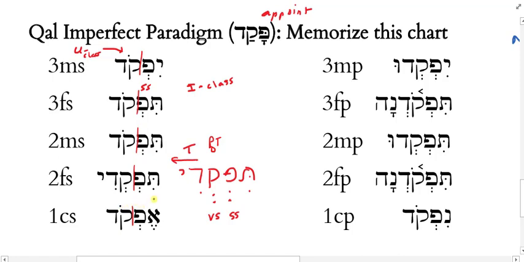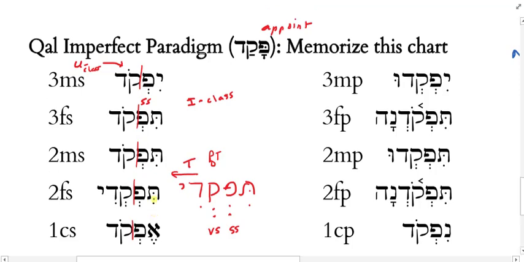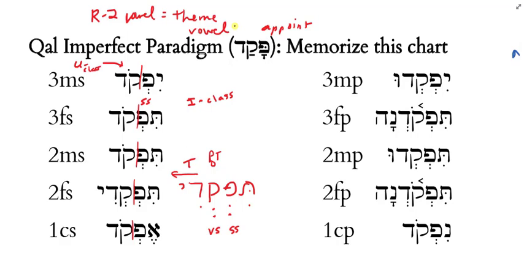Okay? By the way, do you remember what we call the vowel that goes with root 2 in our verbal conjugations? The theme vowel. So the root 2 vowel is called the theme vowel. So I will frequently refer to that as the theme vowel. Okay? So the theme vowel for the Qal imperfect is holum, unless it has to reduce to a vocal Shiva due to a vocalic ending snatching root 3 away and leaving root 2 open and pre-tonic and causing it to reduce to a vocal Shiva.